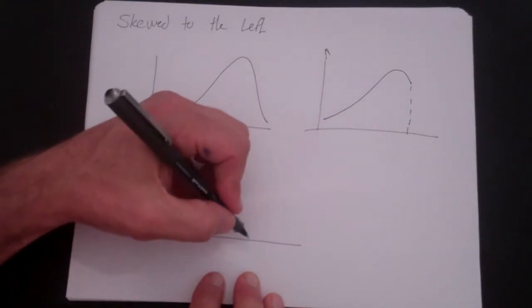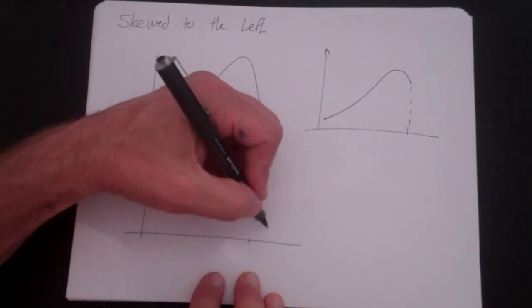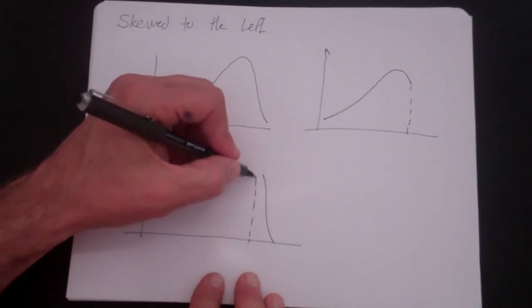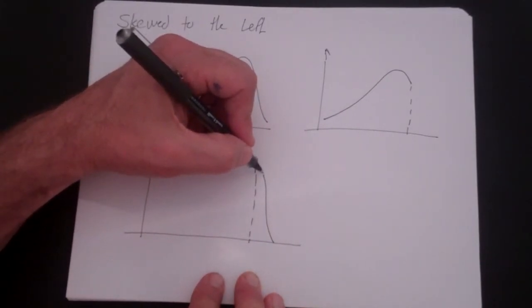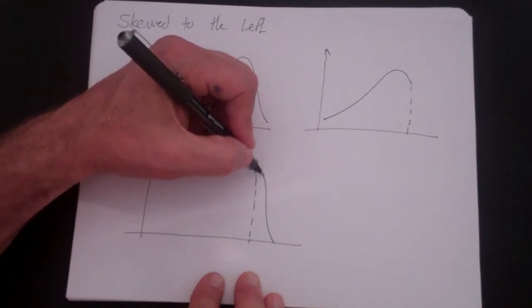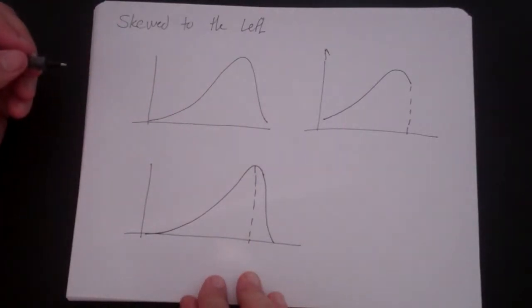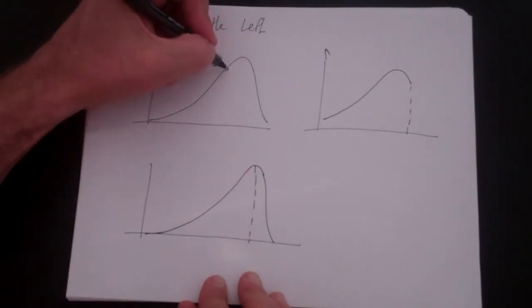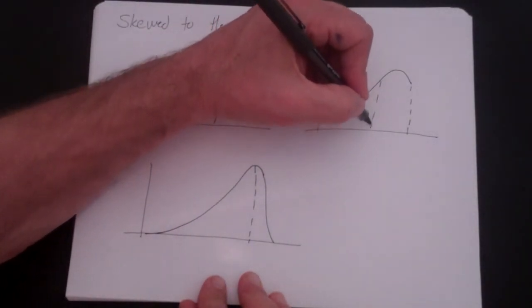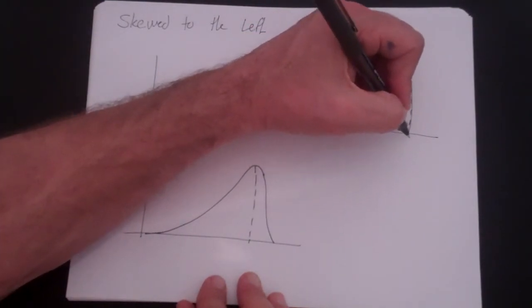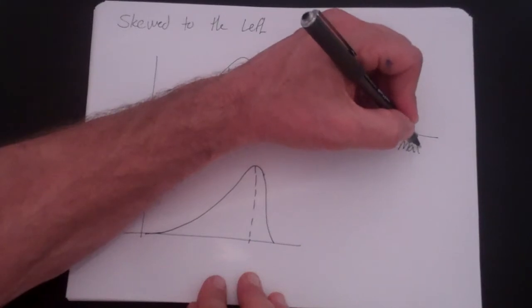Or it could even look fairly symmetrical, but just have one tail that's much longer. Right? So all of these skewed to the left. Here's kind of a truncation or a max value.